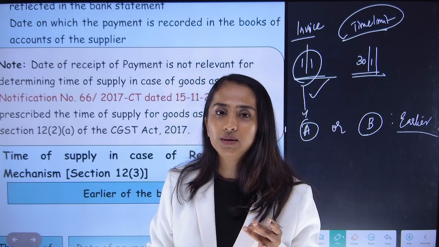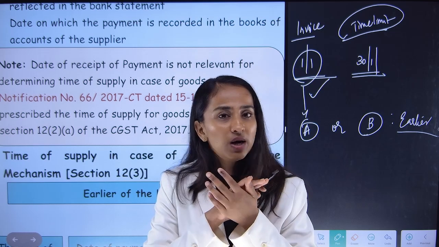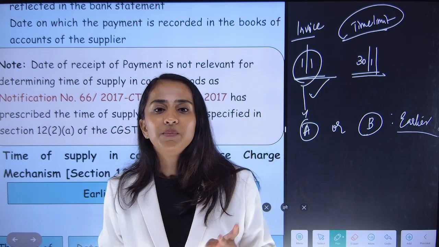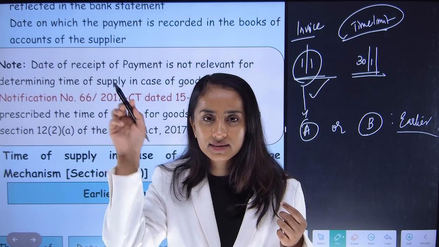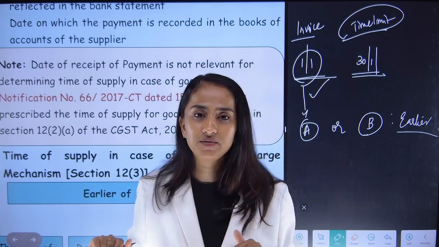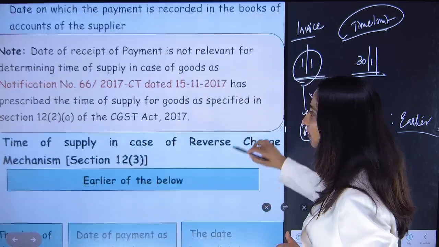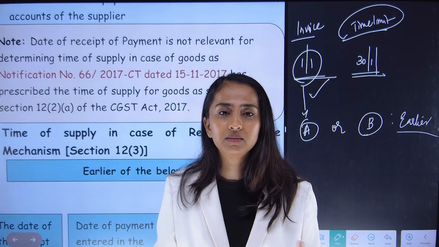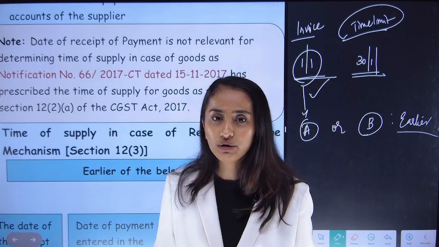Then the third will be the date of payment. So don't take the earlier of all three for goods. Don't do that. You will be wrong. Please forget the date of payment. Just cancel it. Then you just see A or B, whichever is earlier. Am I clear? I am being very loud and clear that this will not be applicable. Date of receipt of payment you will not see for goods.